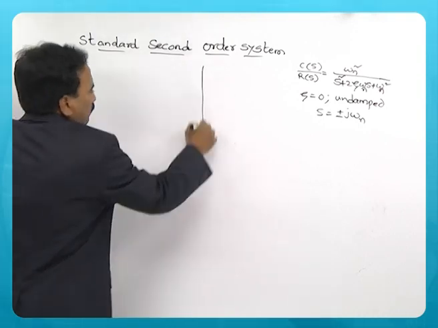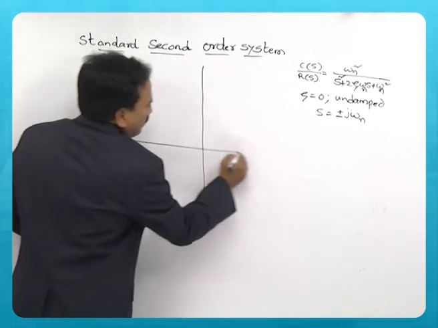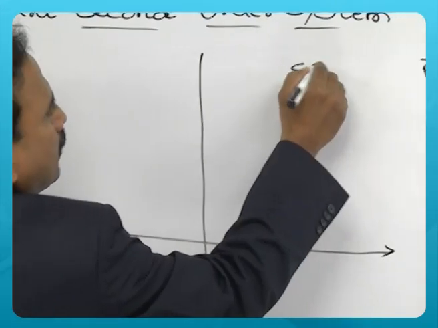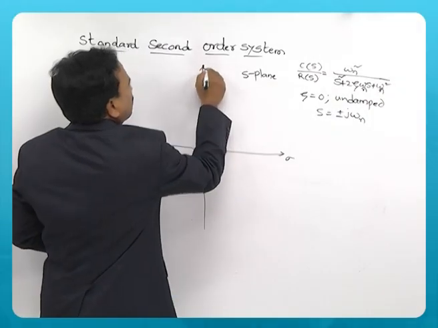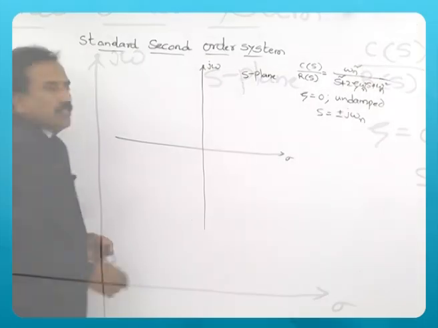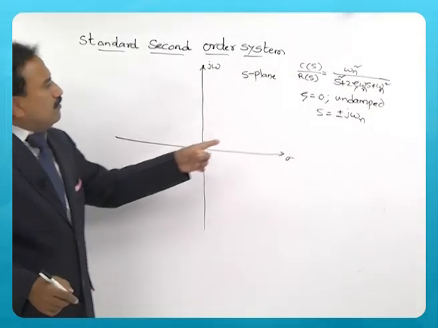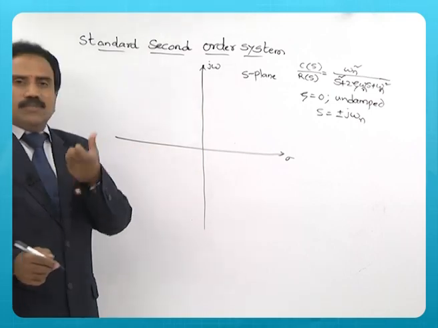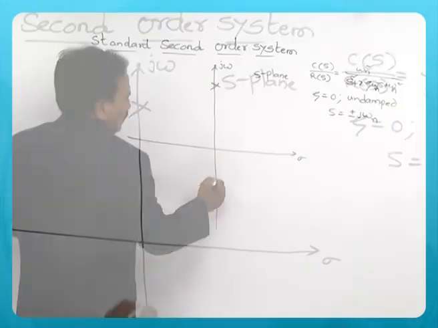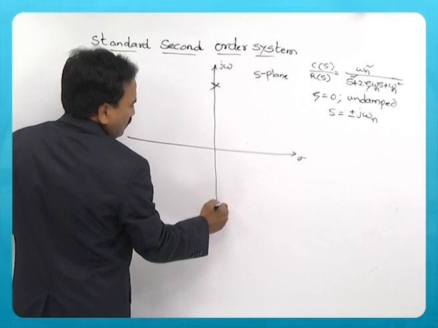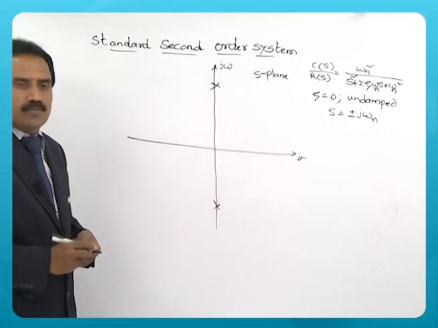If you see the s plane, this is the s plane, this is the real axis sigma, this is the imaginary part. Now when zeta is equal to 0, the roots of the characteristic equation lie exactly on the j omega axis.